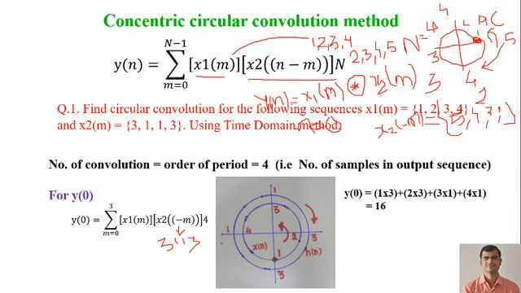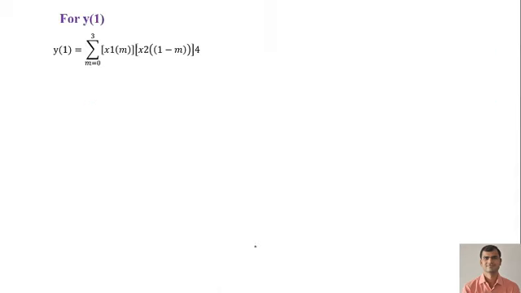Similarly for y of 1, we have to rotate the sequence of h of n in the direction of x of n by one sample. So see here y of 1, so here we will have 1 minus m. Minus m we are already having, so rotate this sequence by 1 unit in the anti-clockwise direction, because the direction of h of n we have taken as clockwise.